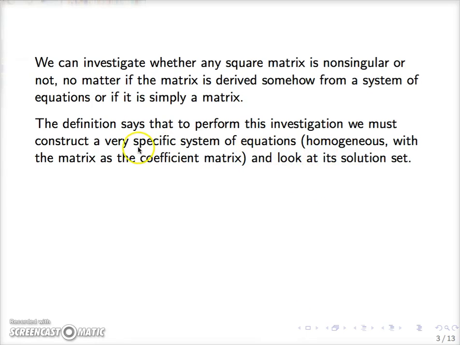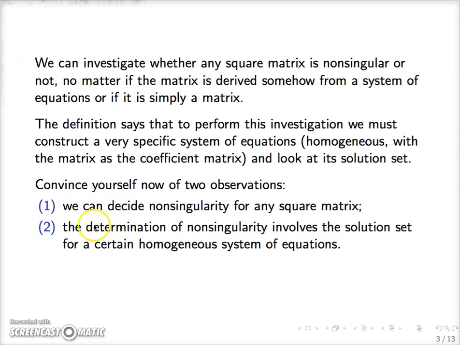In other words, we always have to construct a very specific system of equations, and we have to review the solution set of such a homogeneous system. So two points to be underscored here. We can decide nonsingularity of any square matrix, and the determination of nonsingularity requires calculation of the solution set of a certain homogeneous system of equations.